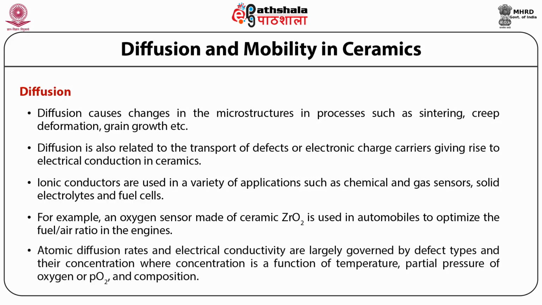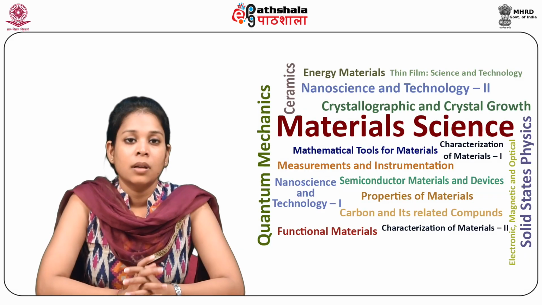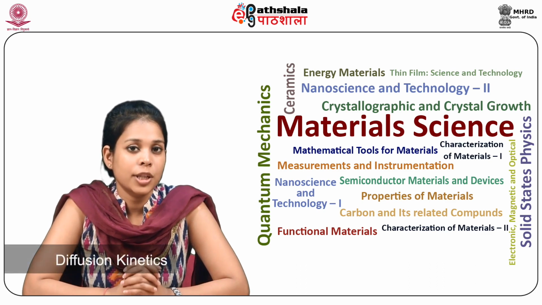The atomic diffusion rates and electrical conductivity are largely governed by the defect types and their concentrations, where concentration is a function of temperature, partial pressure of oxygen, that is PO2, and composition. Now comes diffusion kinetics.